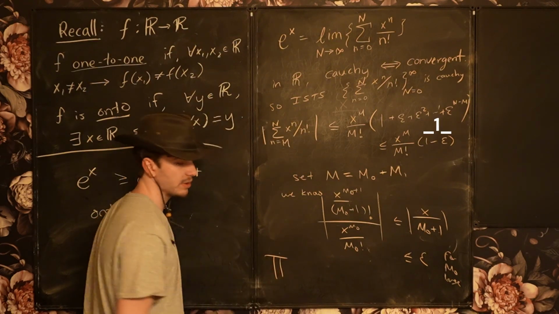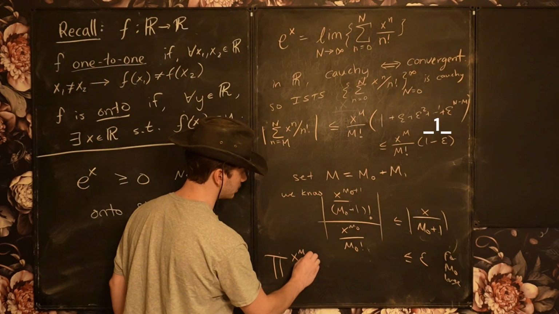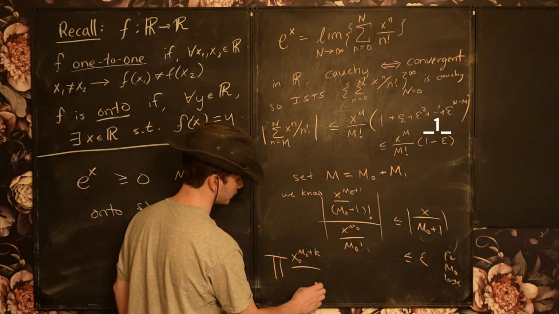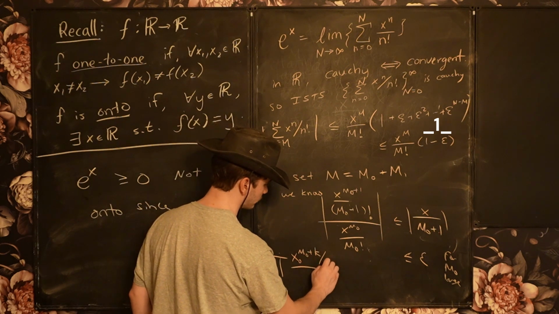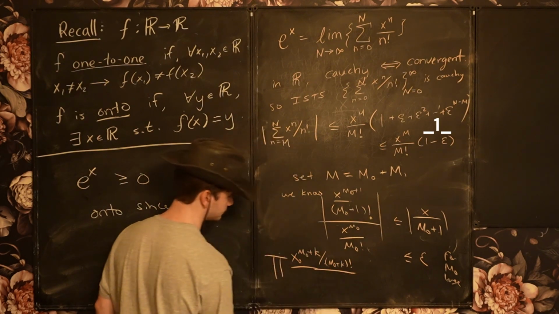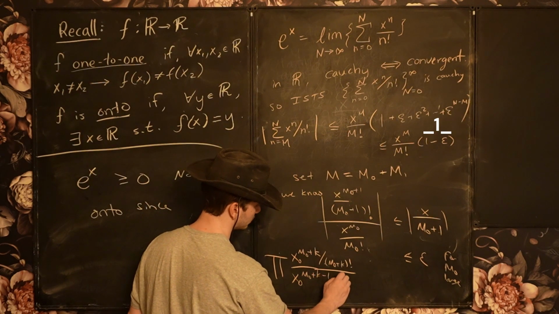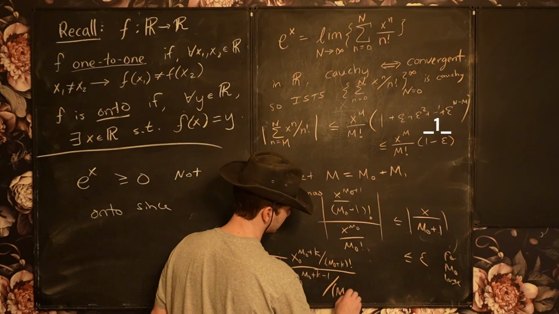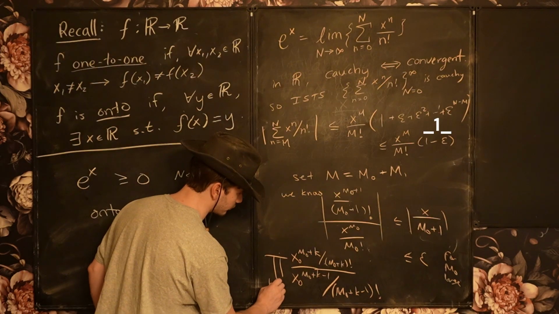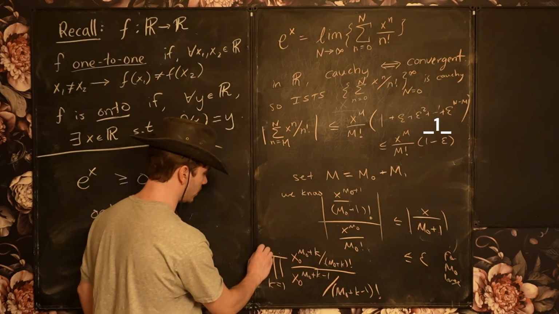The product of a bunch of fractions: x to the m naught plus k over m naught plus k factorial divided by x to the m naught plus k minus 1 over m naught plus k minus 1 factorial, where k will range from 1 to m1 minus 1.